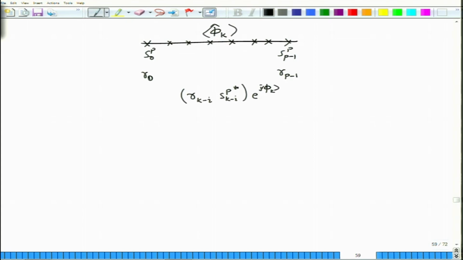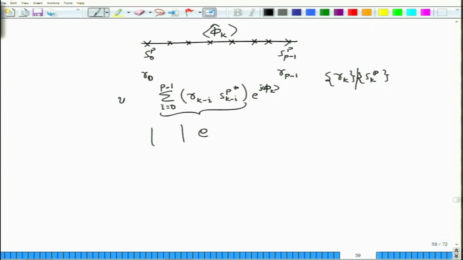So, I have the average value which is constant over the entire block, and then you sum this over i equals 0 to p−1, and what you get is the inner product of the received sample sequence with that of the training sequence. I can express this inner product as its magnitude, without this φ_k.